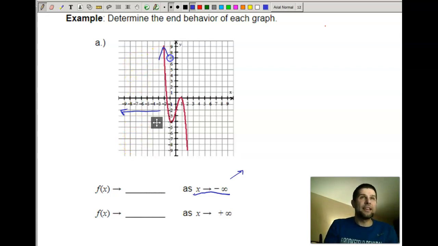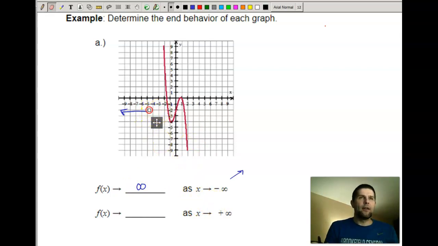Well, the graph is increasing. If I plug in -1, and then -2, and then -10, and then -100, the graph is continually getting bigger and bigger and bigger. So what we put in here is positive infinity. We would say f of x approaches infinity as x approaches negative infinity.